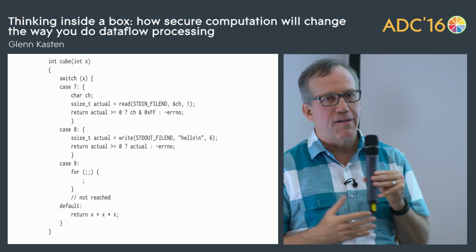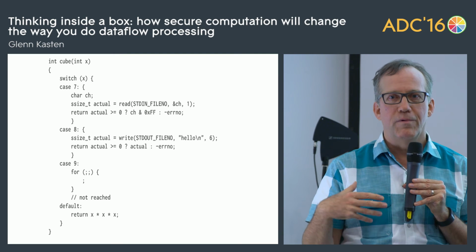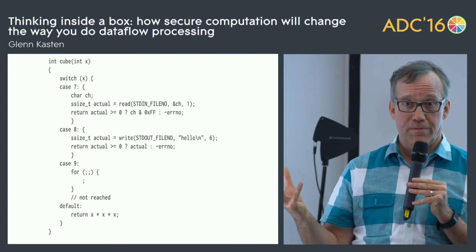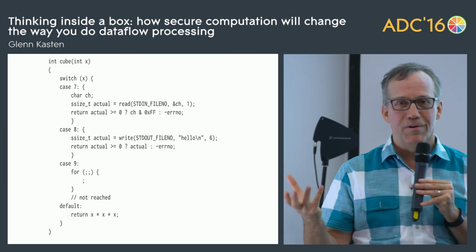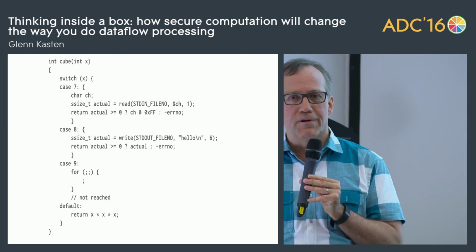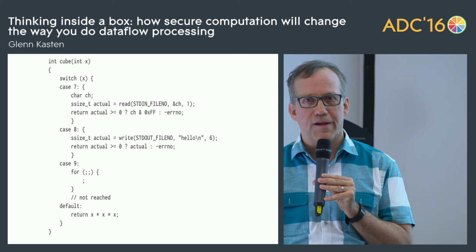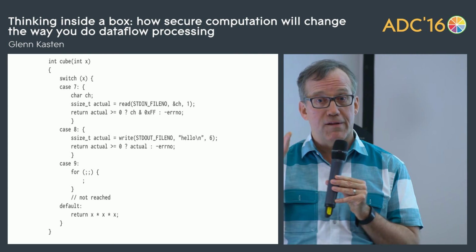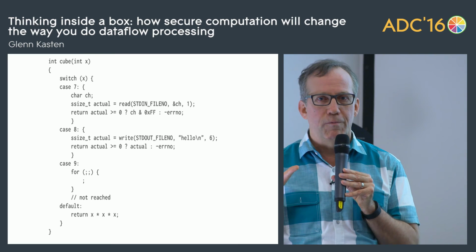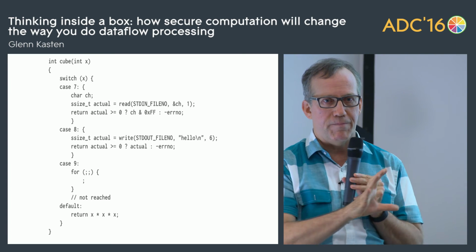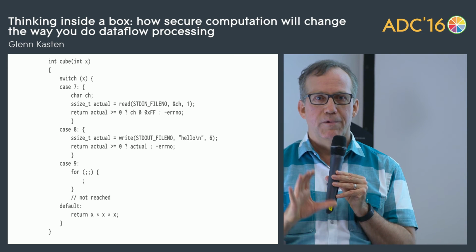And then finally, in the case of 9, it goes into an infinite loop. But again, what can the parent process do? It can detect it and recover from it. And because this is a pure computation, and the only memory it has access to is its inputs and its outputs, which can be placed in protected memory, it turns out we can safely allow all of these options to occur, and we can recover from them.